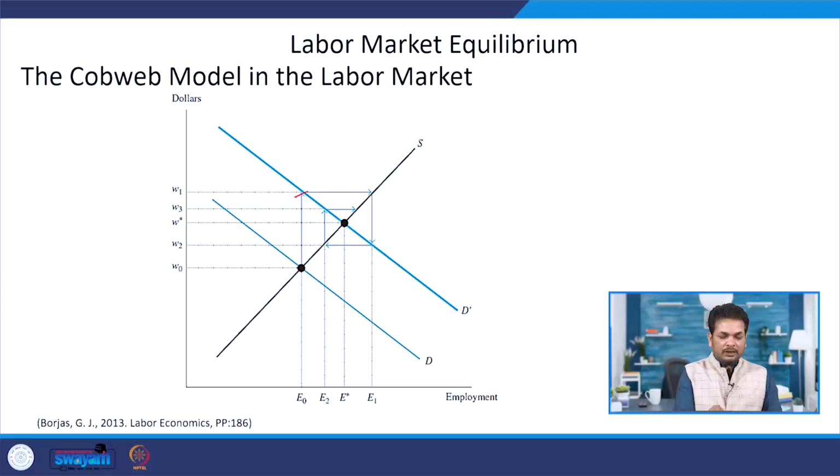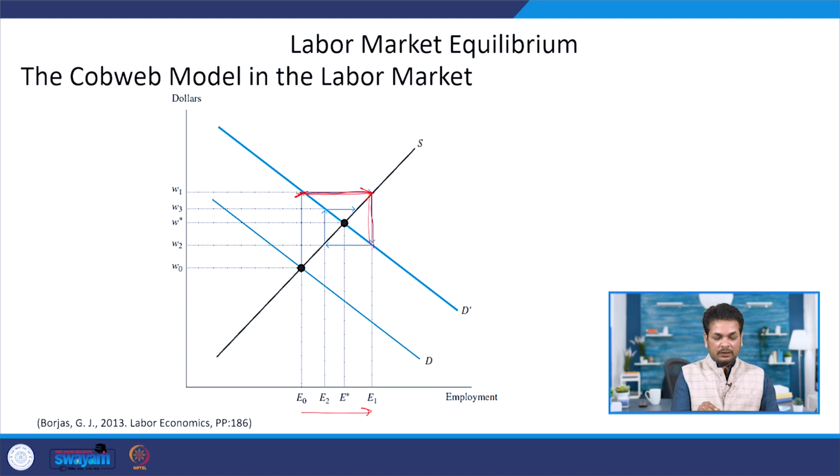Now, at this going wage rate W1, E1 number of individuals want to enroll in the engineering stream. So, when they enter into the labor market, they find that now at this point E1, again the short run supply function of these engineers becomes perfectly inelastic.